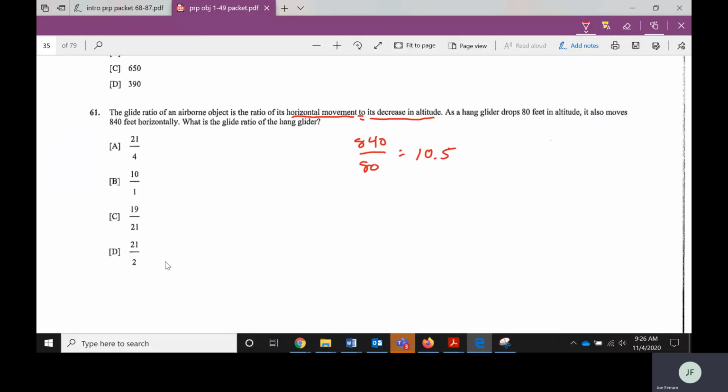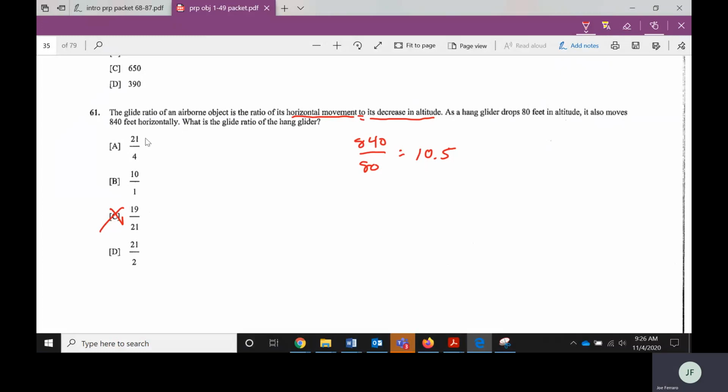Again, we're going to look at which one of these would work. In this one, the top number is bigger than the bottom. So if any of these choices have the top number smaller, we can cross it out. That's bigger than the bottom, bigger than the bottom. This is smaller than the bottom, that's out. There's no way it's going to equal 10.5. And this one could be possible.